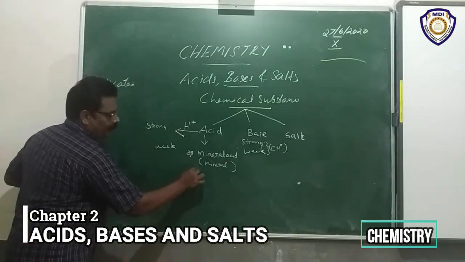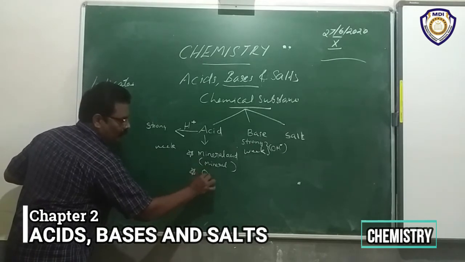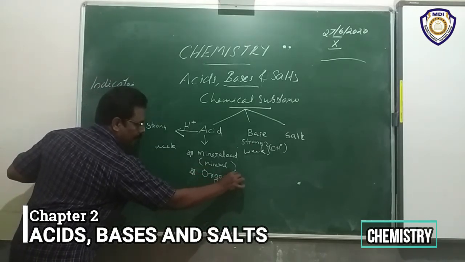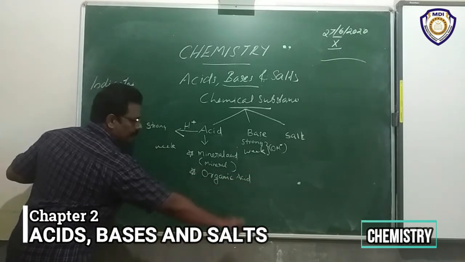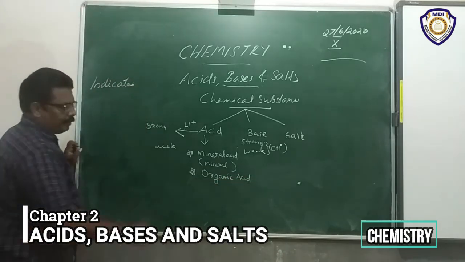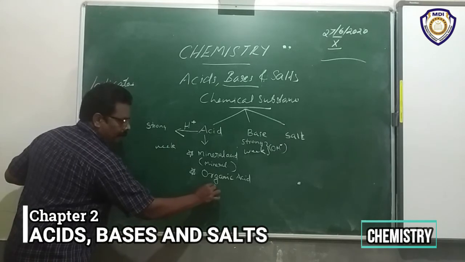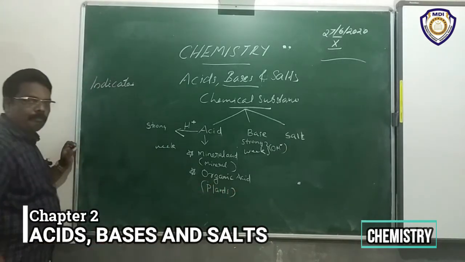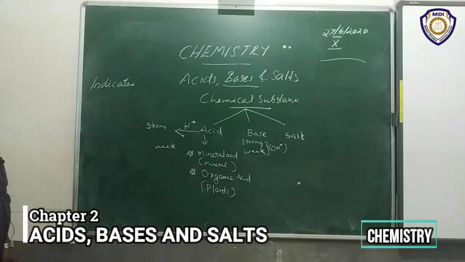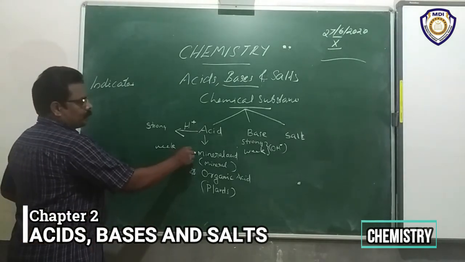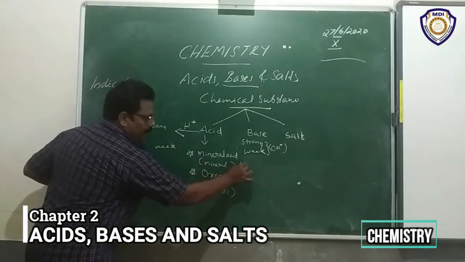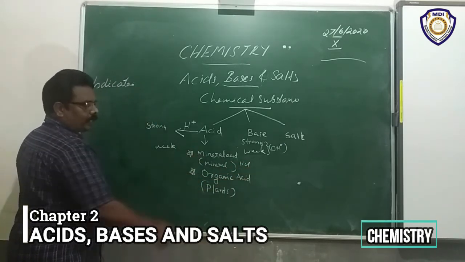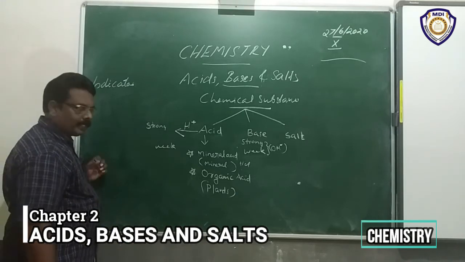The next type of acid is organic acid. Organic acid means acid obtained from plants. Acids like HCl and H2SO4 are called mineral acids. Can you give an example for organic acid?